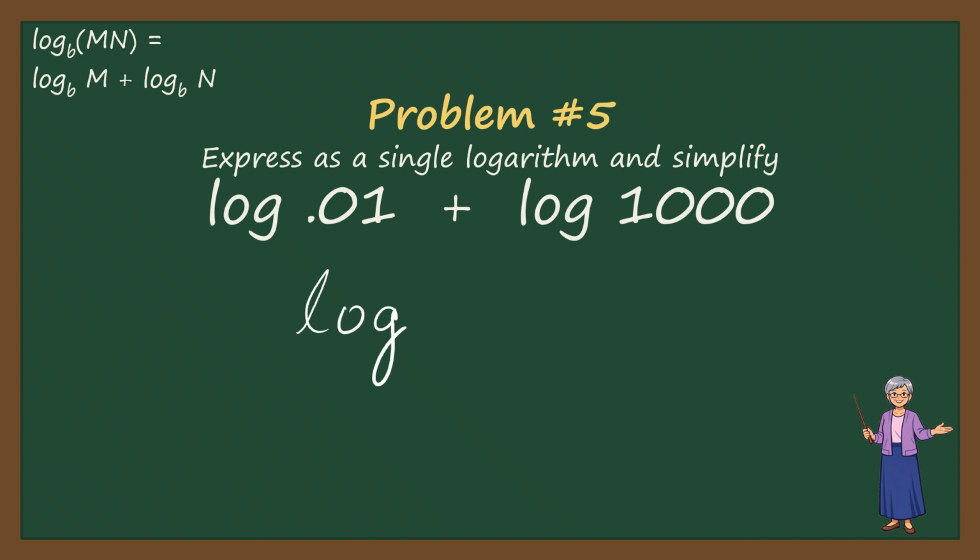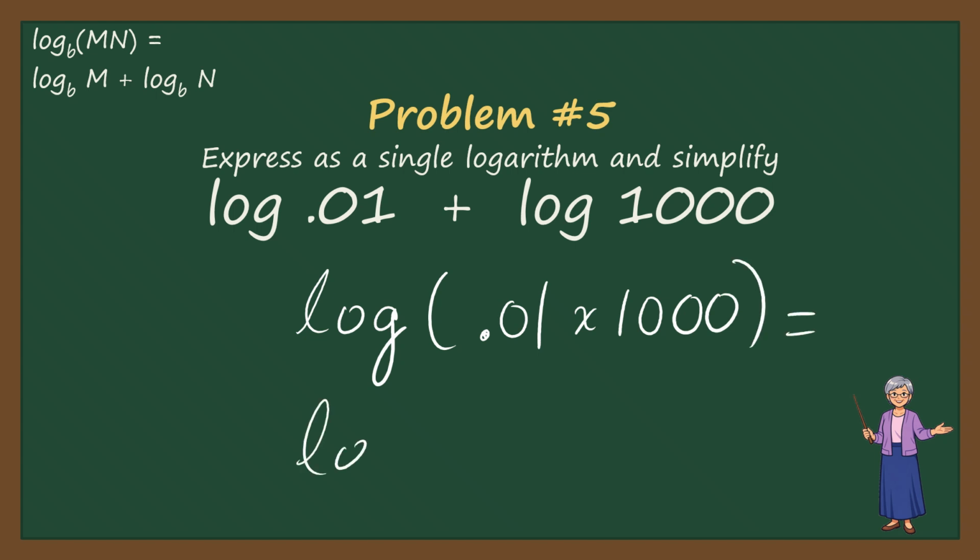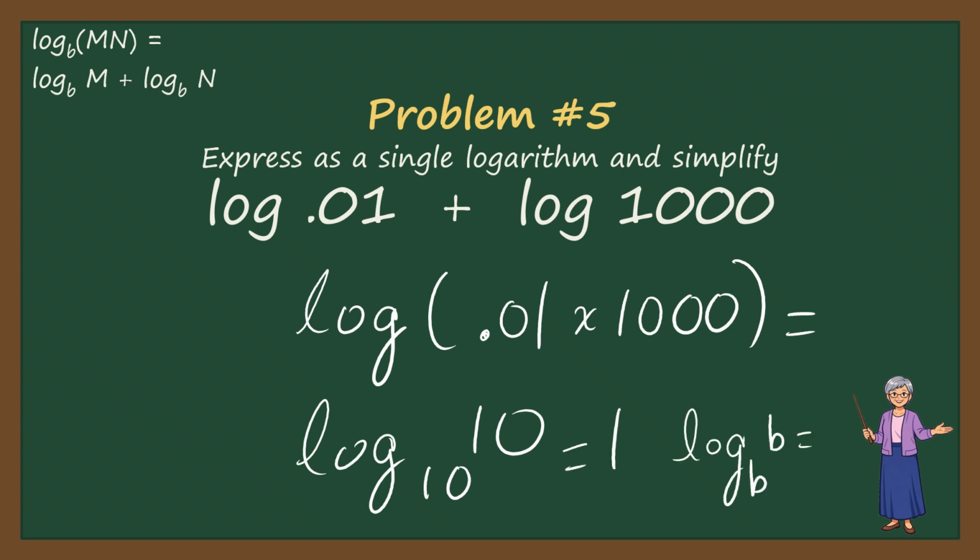So we have 0.01 times 1000, which equals log of 10. But when you're not given a base, always know that we're looking at base 10. Okay, and a property states that when this number is the same as your base number, it will equal 1. So we're using log base b of b is equal to 1. So our answer is 1.